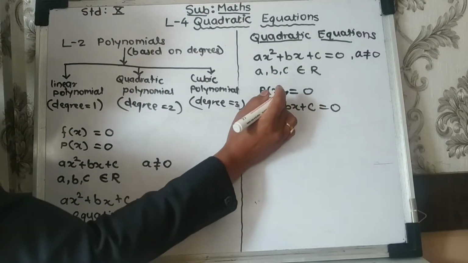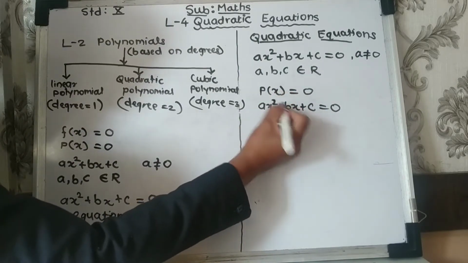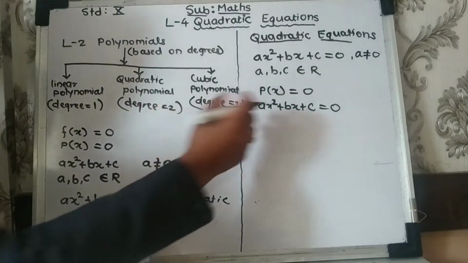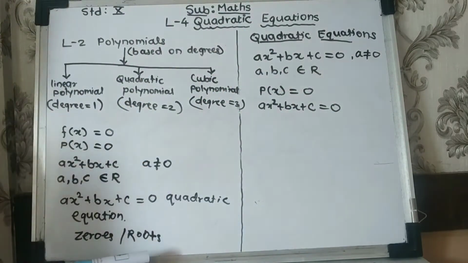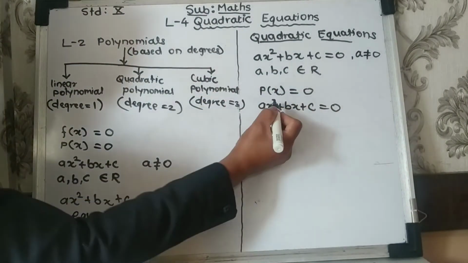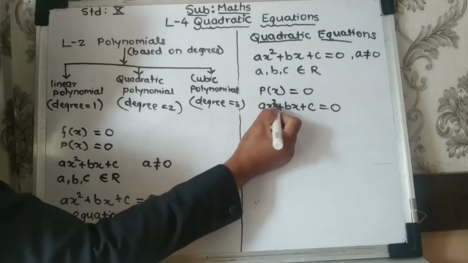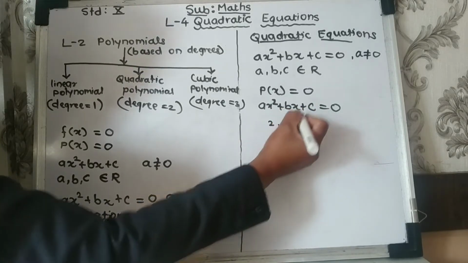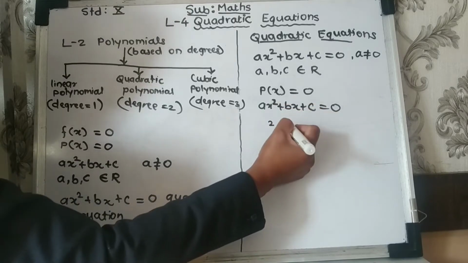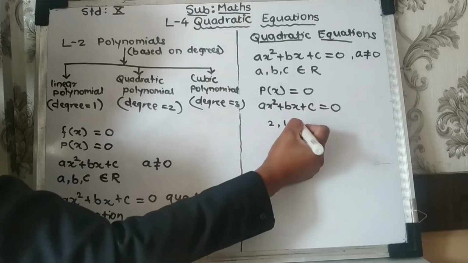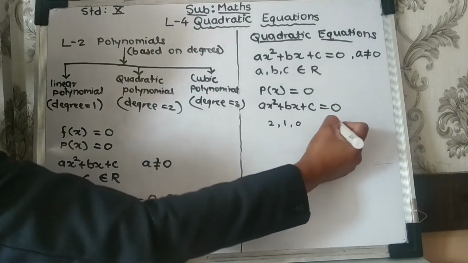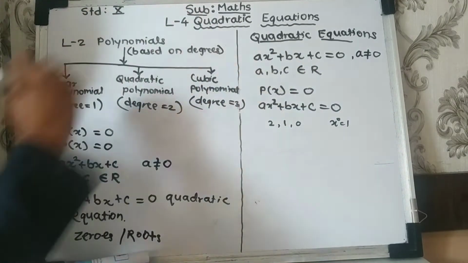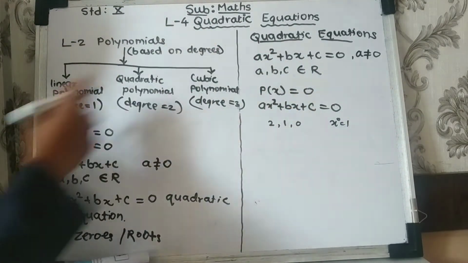So what I have done here, see the powers of x, how they are written. First x square, so the power is 2, after that 1, there is nothing written above the x, which means power 1, and next is 0. See, x raised to 0 means 1, that's why it is not mentioned.